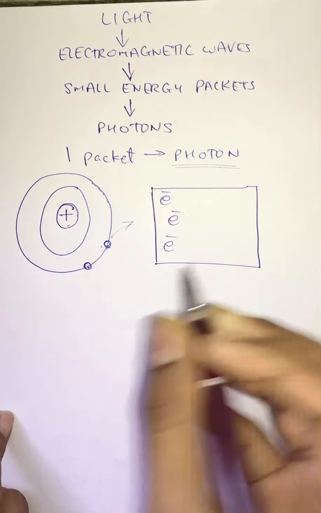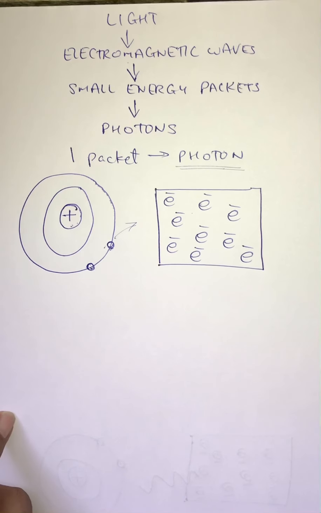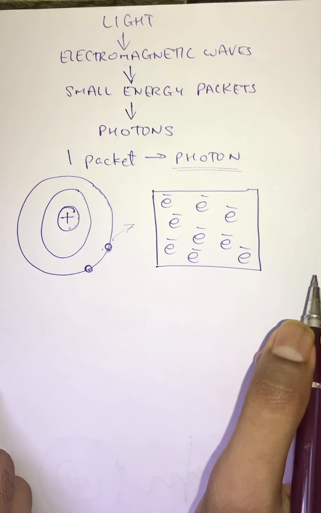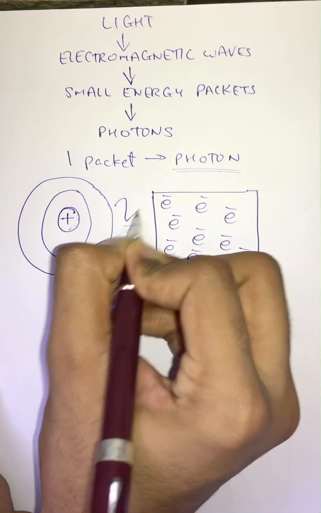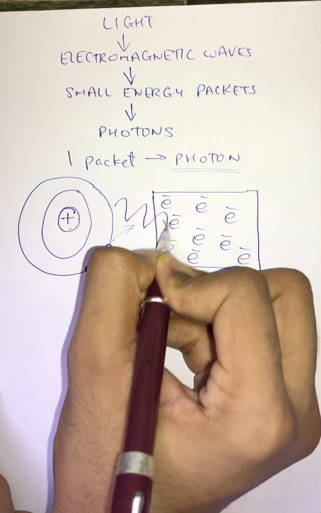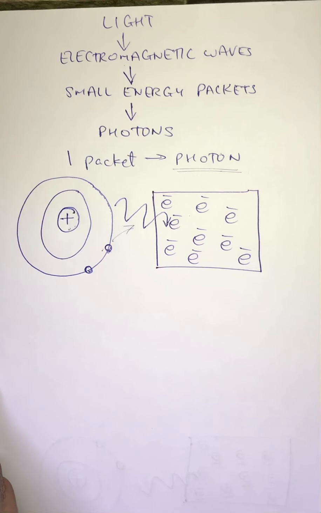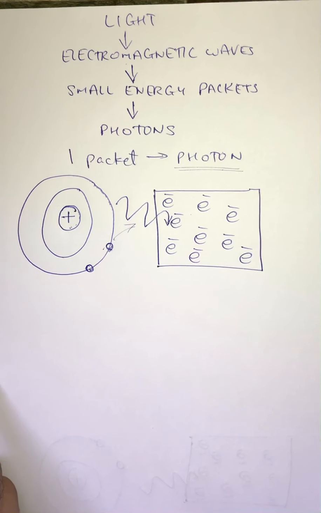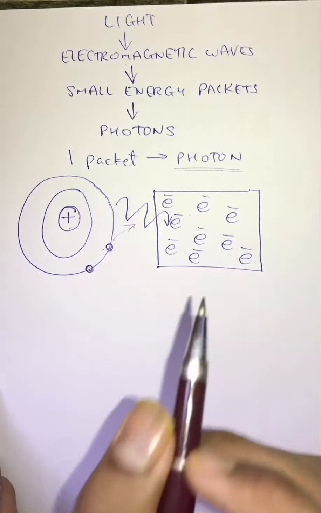Now, what is the motive of the photoelectric effect? What we do in the photoelectric effect is that we make a ray of light incident on the plate.